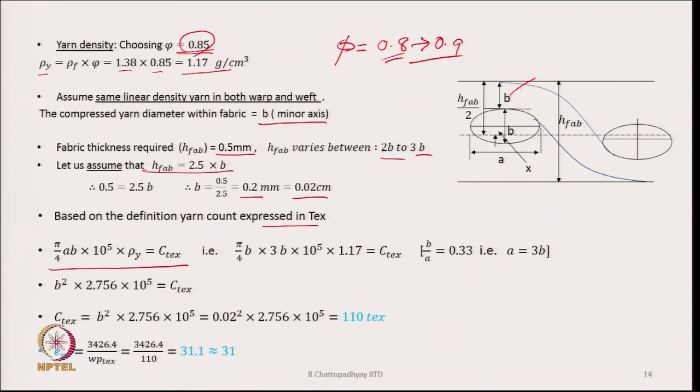Therefore, pi by 4 into B and this is another value we have chosen, A is equal to 3B. Why? B by A, in the case of very low twisted yarn, we have seen that the B by A value is usually 0.33, that is A is 3 times B, it gets deformed so much.